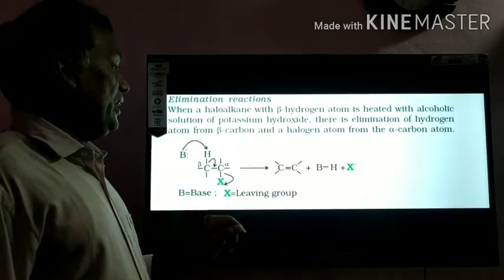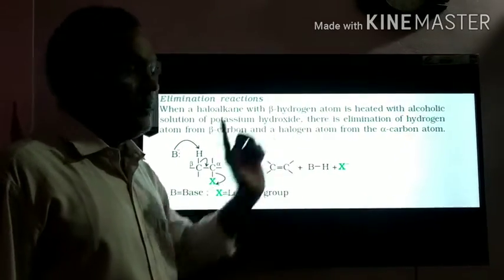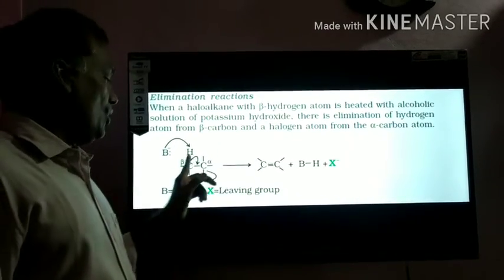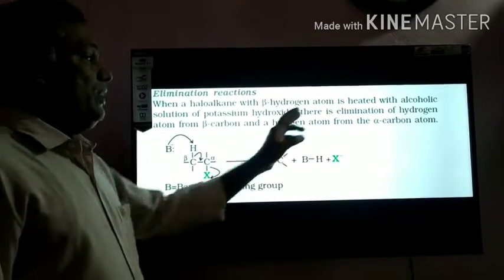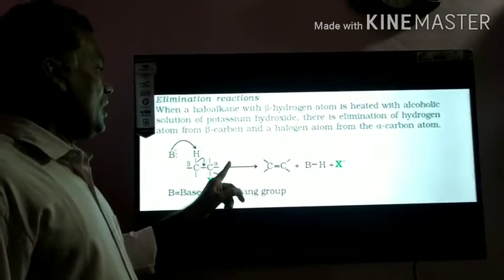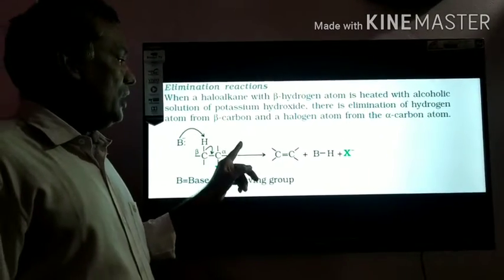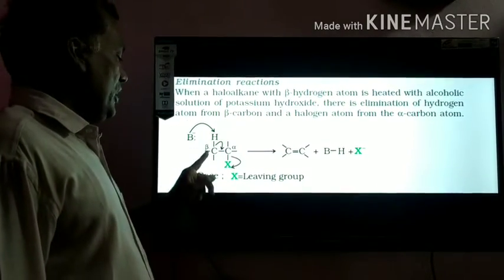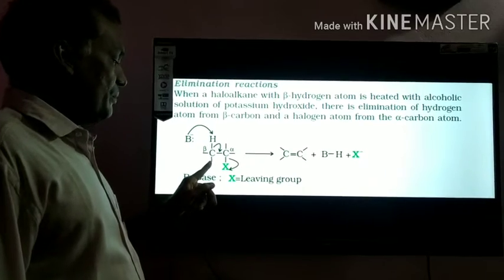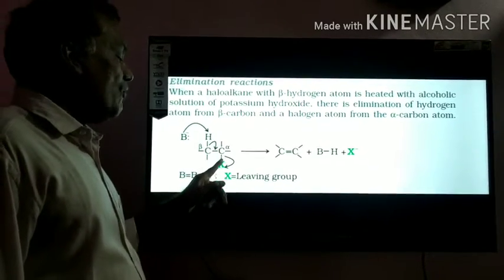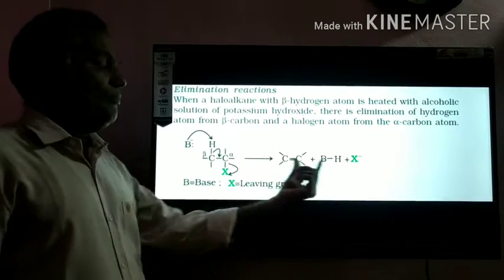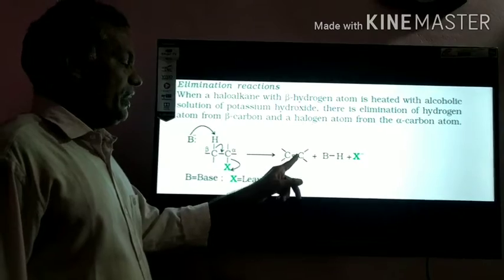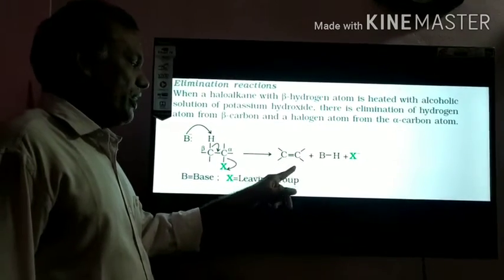When a haloalkane with a beta hydrogen atom, that means the compound containing a hydrogen at the beta carbon atom, is heated with alcoholic potassium hydroxide, KOH, there is an elimination of the hydrogen atom from the beta carbon atom and the halogen atom from the alpha carbon atom. So these two will be eliminated, and when these two are eliminated, a double bond will be formed, which means we will get an alkene as the product.